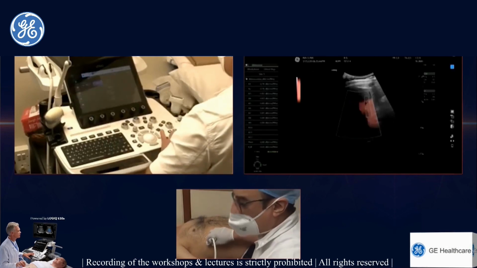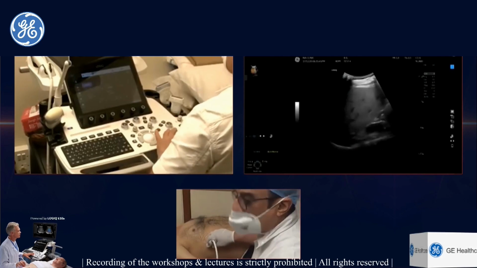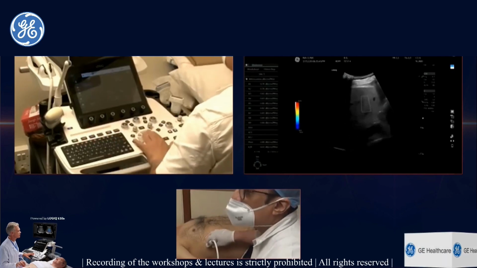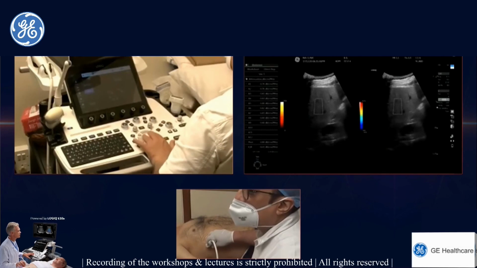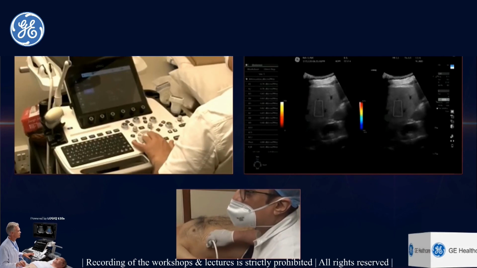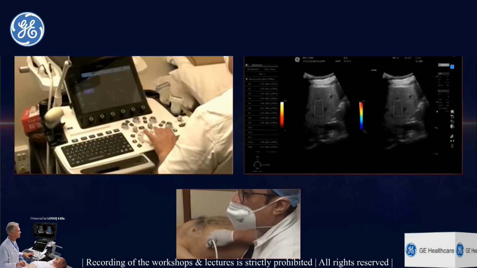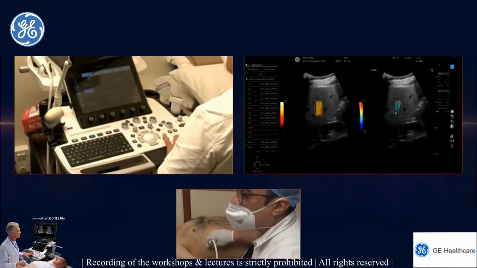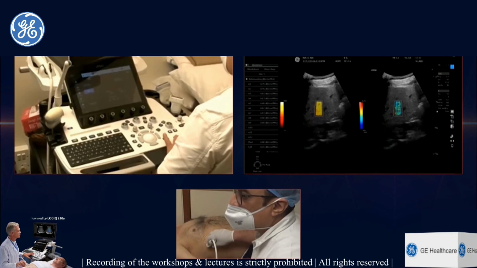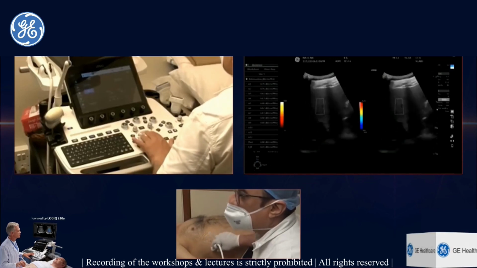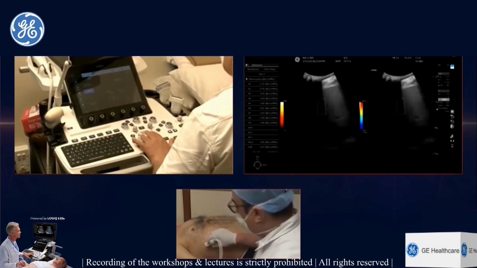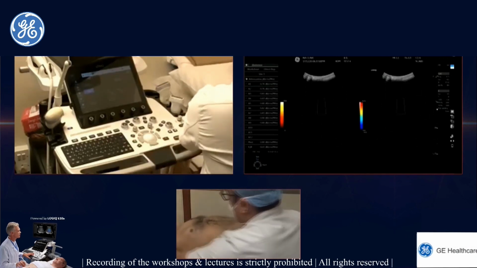Then we'll go ahead with the elastography. So again, we will ask you to stop breathing now. Stop breathing. Normal breathing. We'll take your hand up, sir. We'll keep it up.